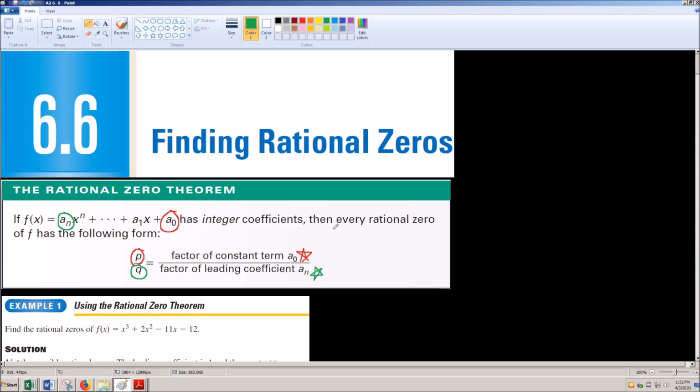So let's say, just for example, to come up with a really quick one, I've got f of x equals 2x to the third plus x minus 5.